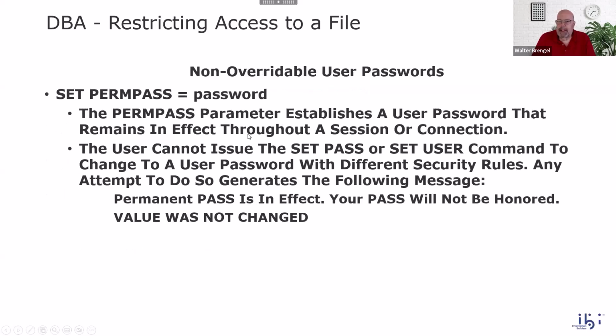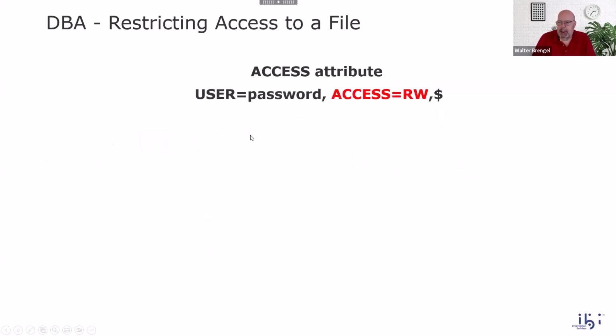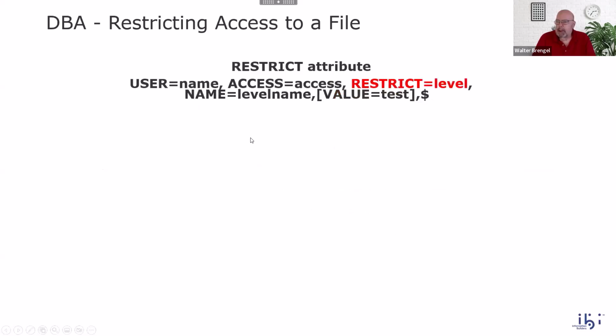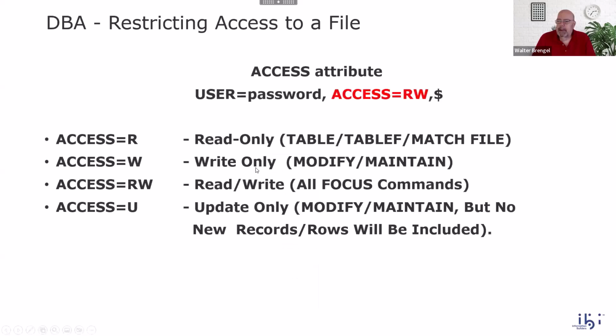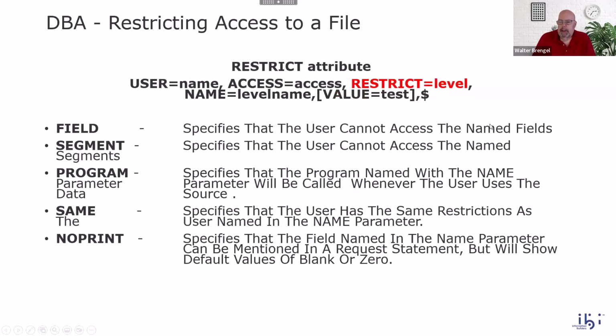Again, the intention isn't to go over these in detail, but just to show you what's available. You can do read access, write access, read-write access, and update. You can limit it to the field level, the segment level, or a program.